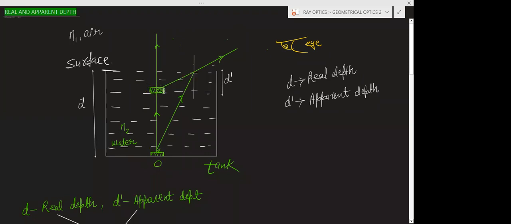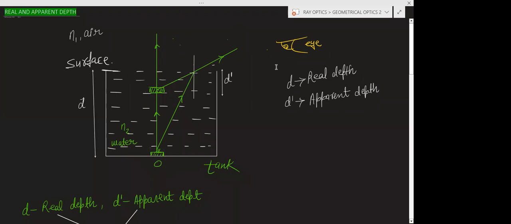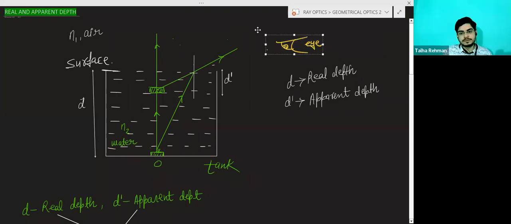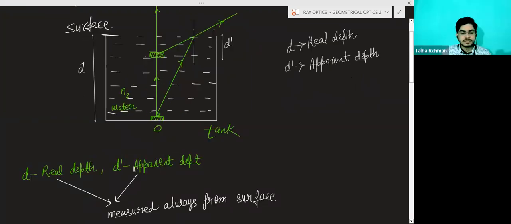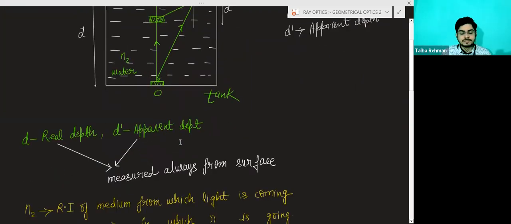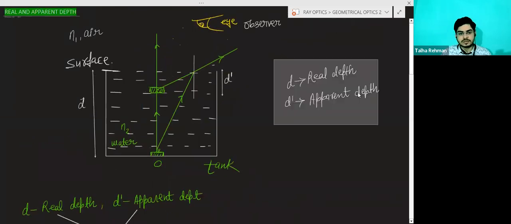This is the apparent position of the object, the apparent depth, and this is the observer here. So D is the real depth, D dash is the apparent depth, and these are always measured from the surface.